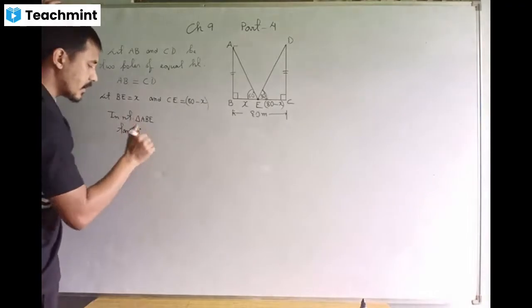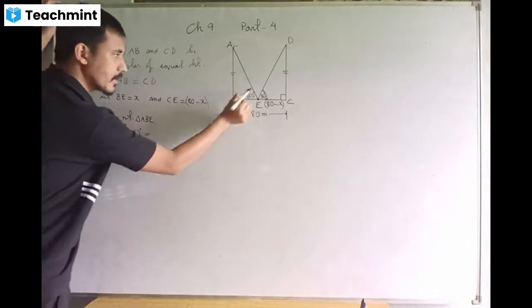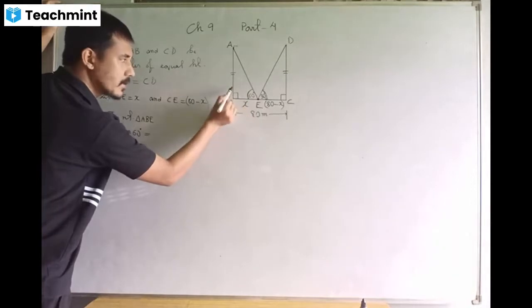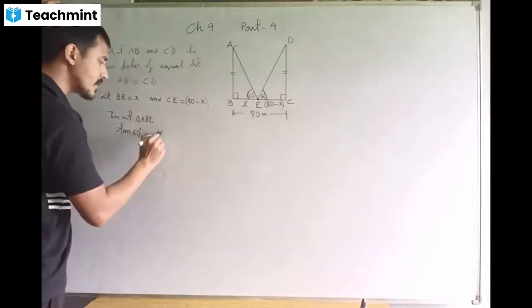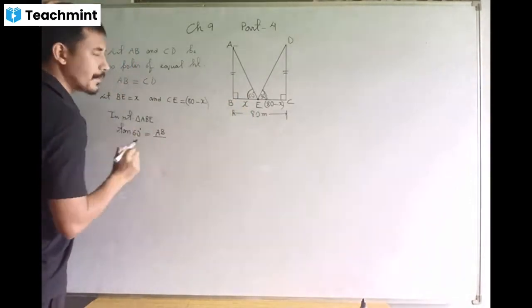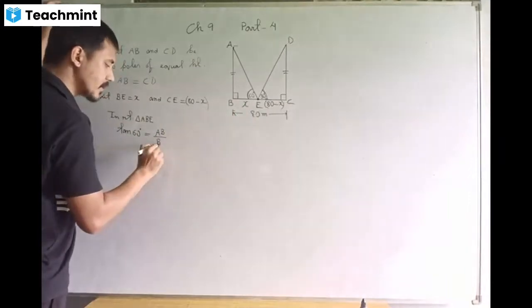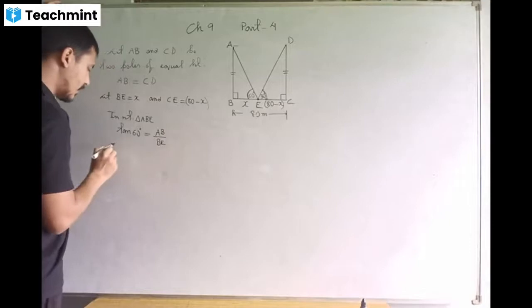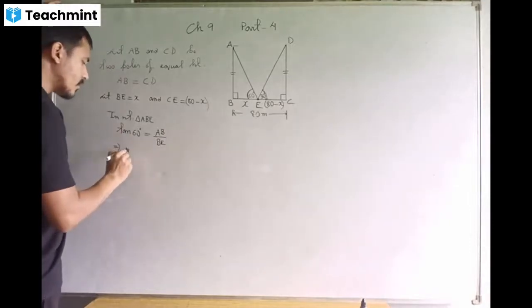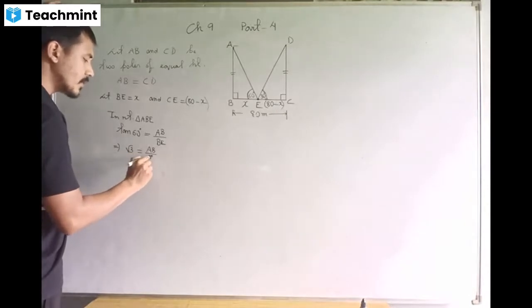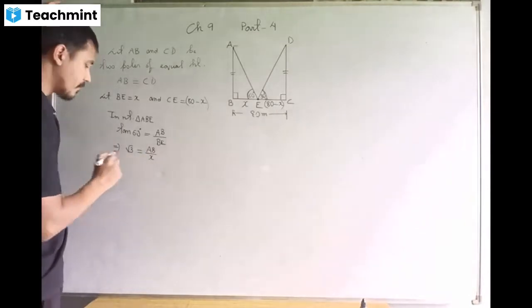So tan theta is equal to the side opposite to angle theta, that is AB, upon the side adjacent to angle theta, that is BE. Tan 60 degrees is equal to square root of 3. AB is unknown. BE we have assumed to be x.